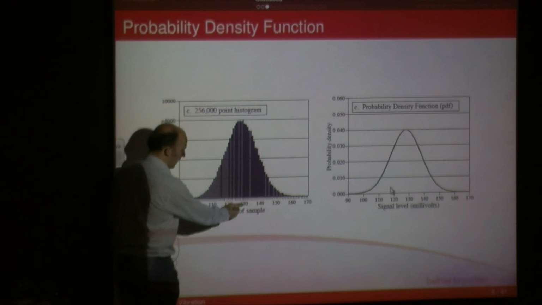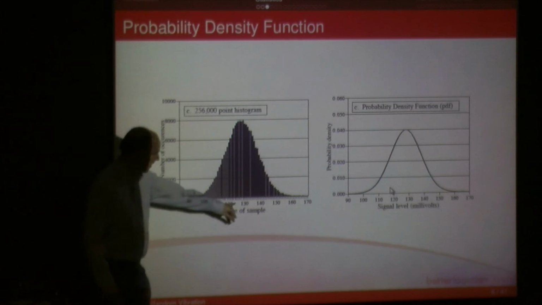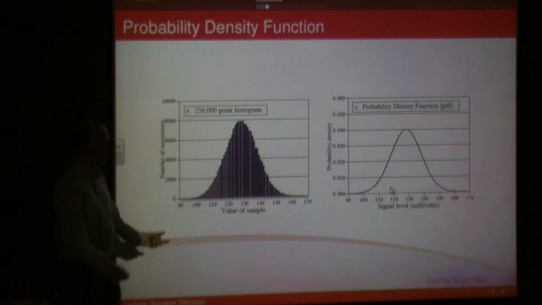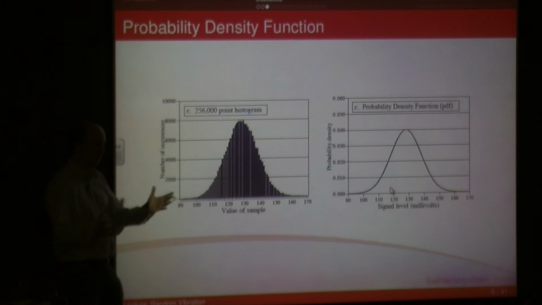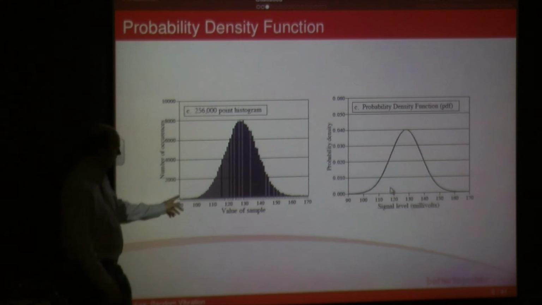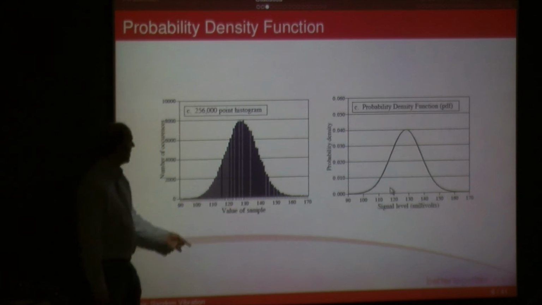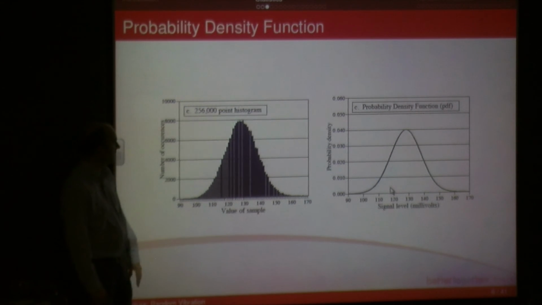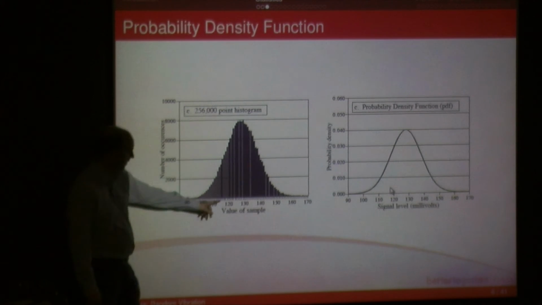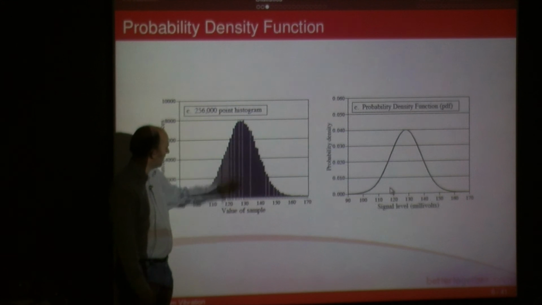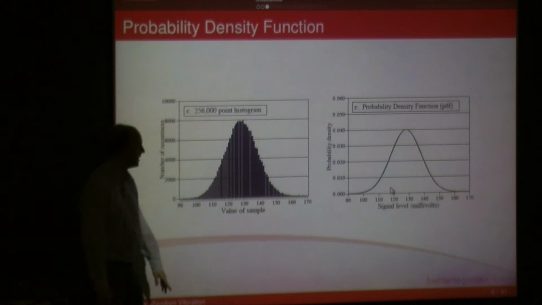So like I said, a manufacturing process. My nominal value, the thing I set my dimension to, is 130 millimeters or whatever. But because of the manufacturing process, there's going to be some variability in meeting that target, and the distribution I get looks like this. So for 256,000 points, I could draw a histogram. I measure each one of those, and I get a distribution.